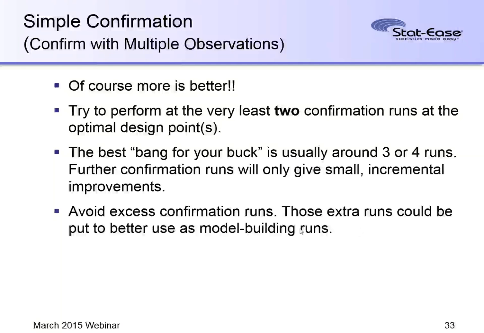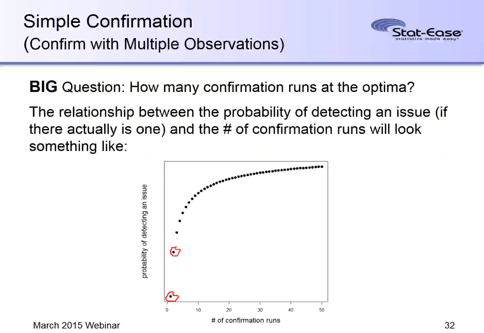So, what can we get by using this bit of statistical theory? Well, of course, more is generally going to be better. I mean, you can't really argue with that. We generally recommend at the very least 2 confirmation runs at the points you want to confirm. Okay, again, going back to this plot, you'll see that the biggest gain you get is when you add that second confirmation run.